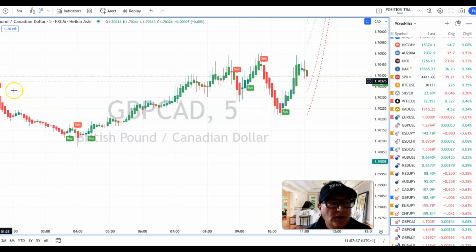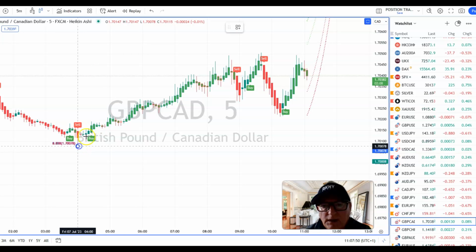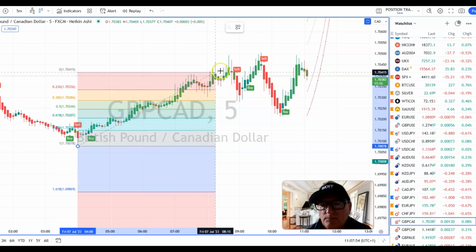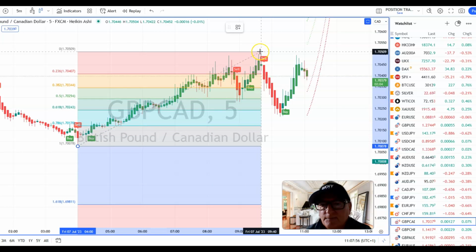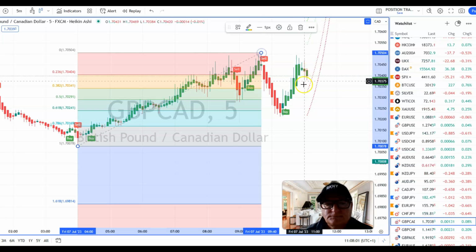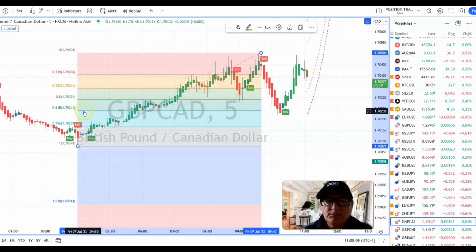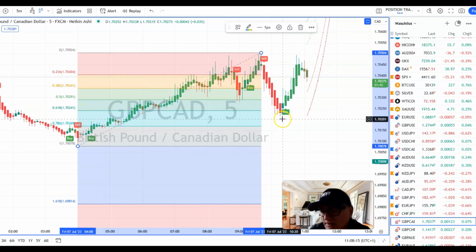For those who don't know, you just grab your Fibonacci tool, left click at the bottom low, and then drag it up to the top of the highest high. Okay, and this gives you 0.382, 0.5 and 0.618. 0.618 is the significant number. And once you get that pullback, that's your entry.